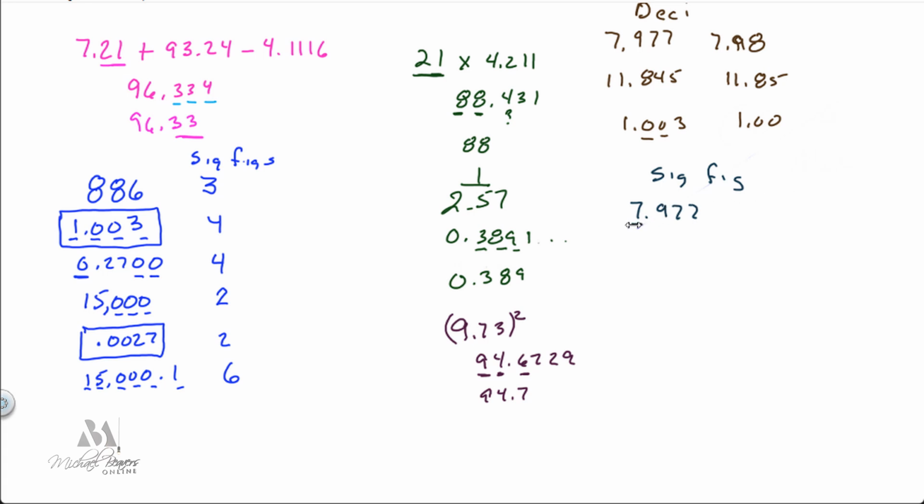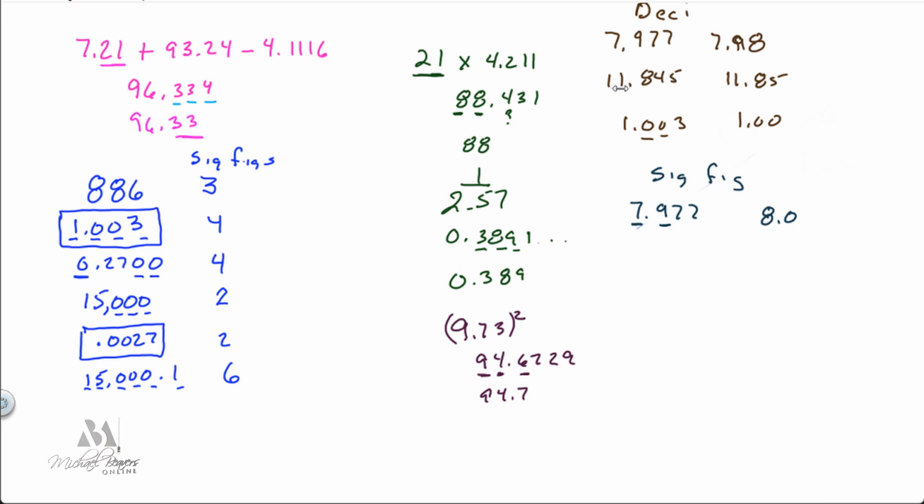Well, there is the first one, there's the second one. So we're going to go to the third figure and see if we need to round up. That's a 7, it's greater than 5, so we're going to round up. That's going to make this a 0, which is going to make us round that one up as well. So 8.0 is that number rounded to 2 significant figures.